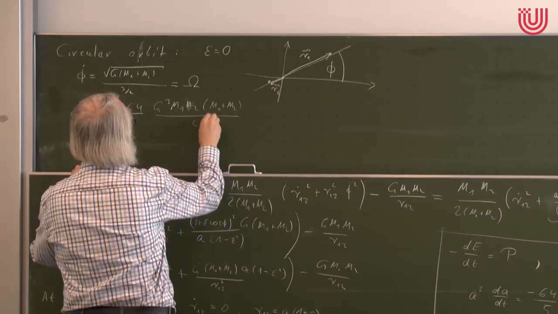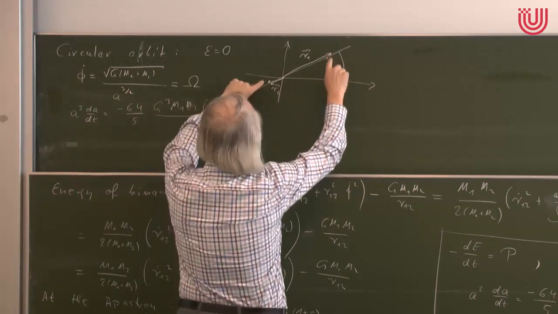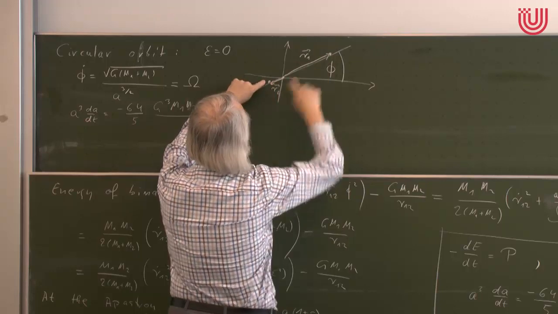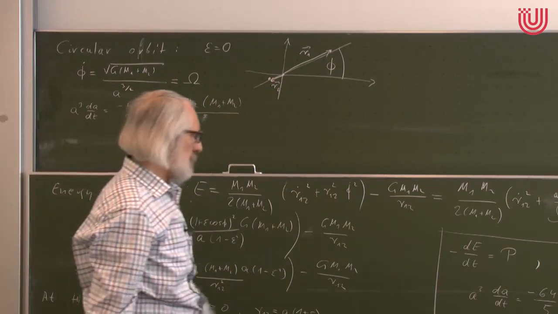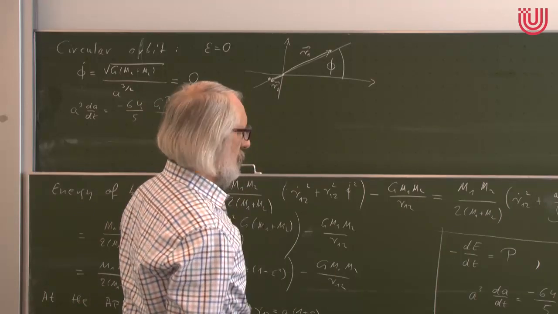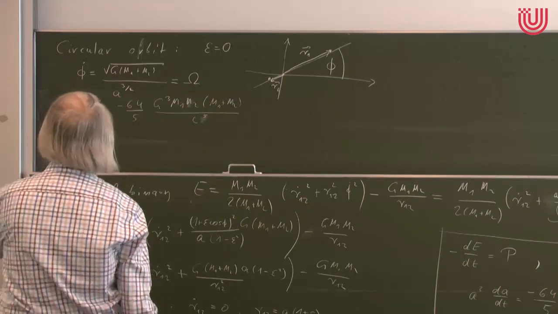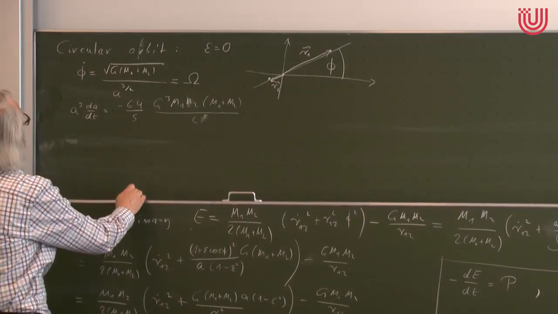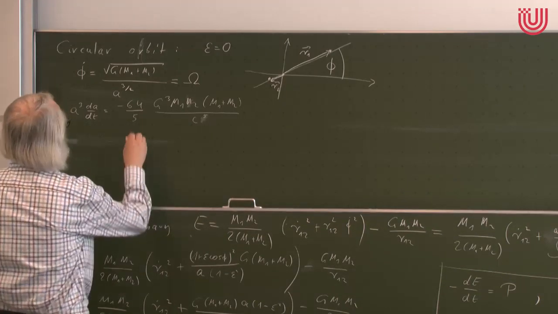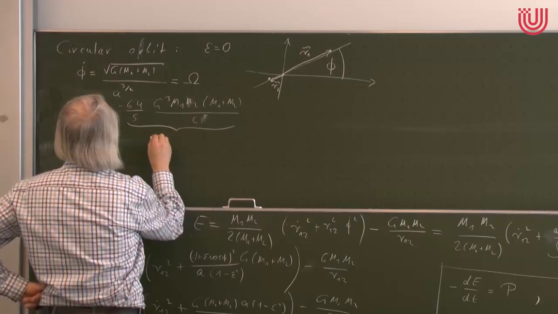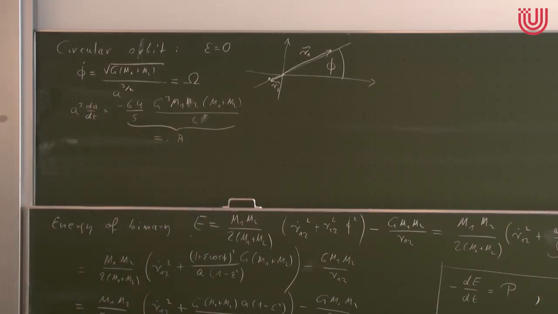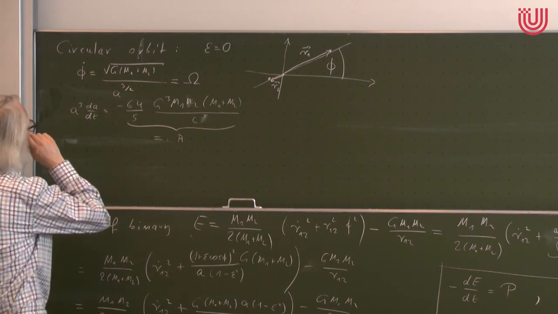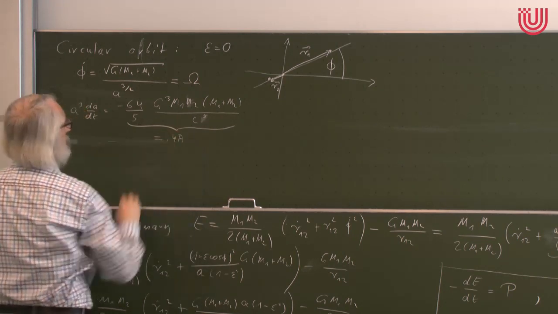A is now this constant distance. This is A. And everything else is just 1, because epsilon is 0. So this is a constant, which I denote A. Or let me denote it 4A.